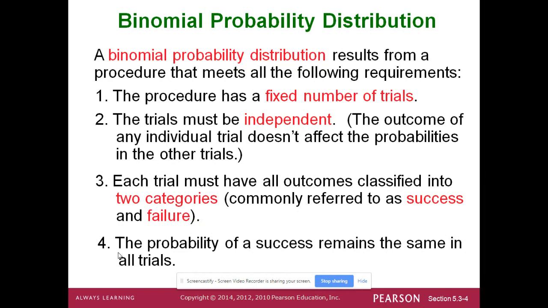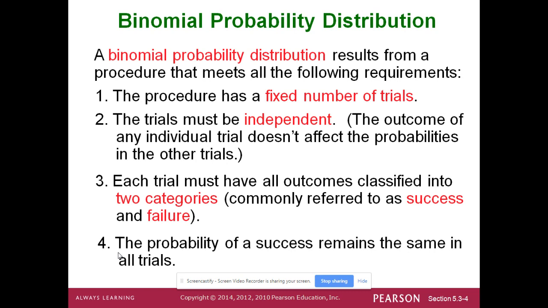That's very closely related to independent events. Probability is the same. Fixed number of trials, independent, success and failure, probability is the same for every trial. Those are the 4 things that make something a binomial probability distribution.